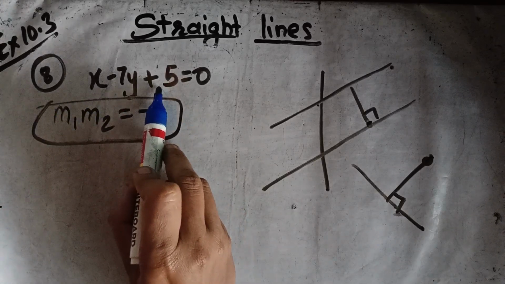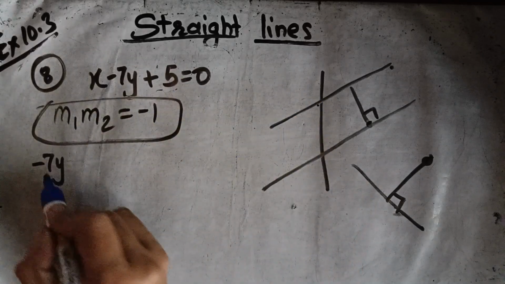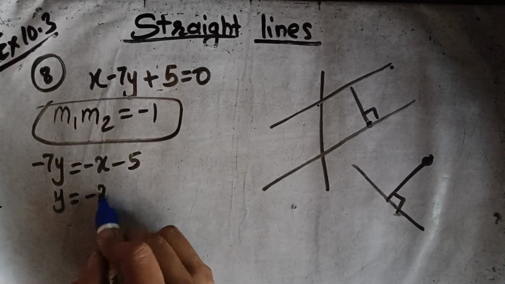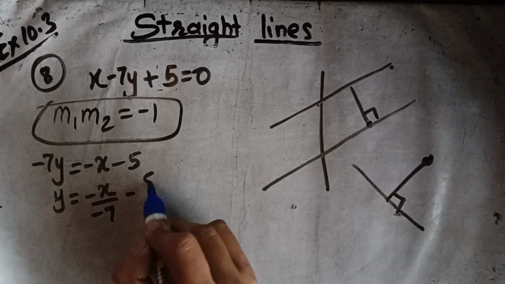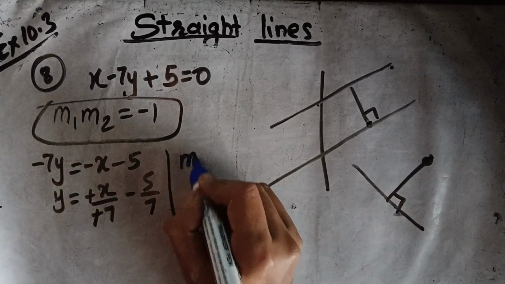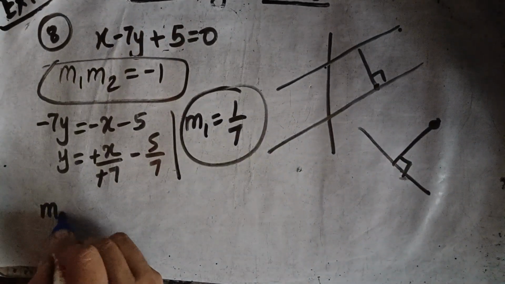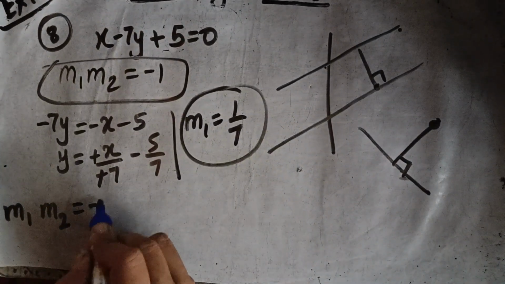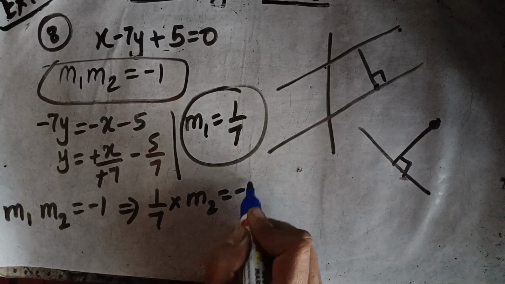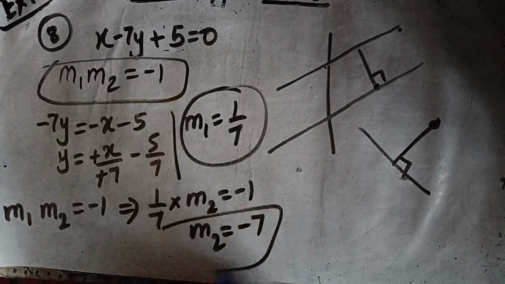So from here you can find the slope of first line, that is m1. So m1 is 1 by 7. Okay. What about m2? So m1, m2 equal to minus 1. 1 by 7 into m2 equal to minus 1. So m2 is minus 7.